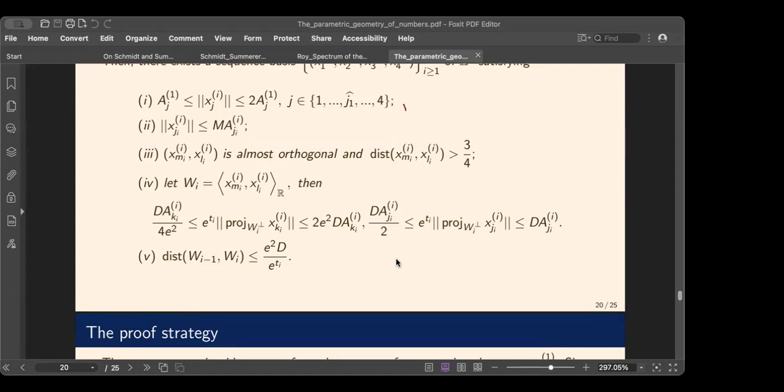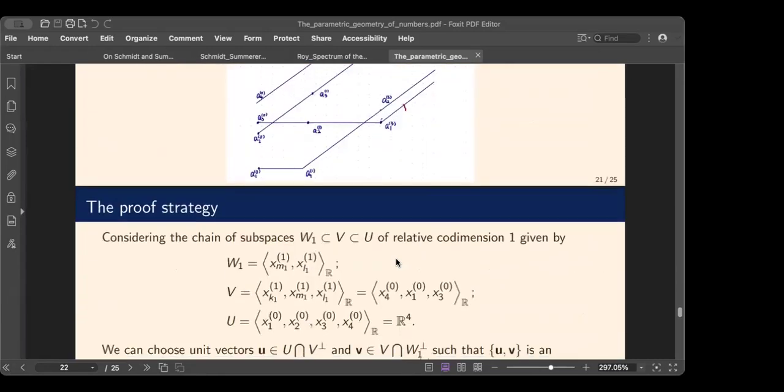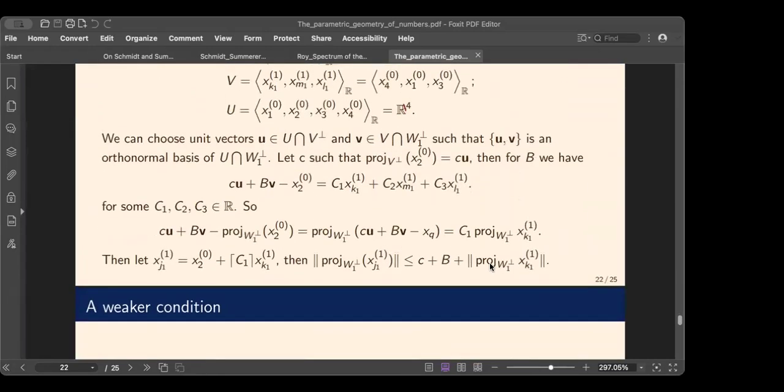So we can choose some proper B such that CB plus this projection is less than D times AGI. So we need to restrict Ki to be less than Gi.